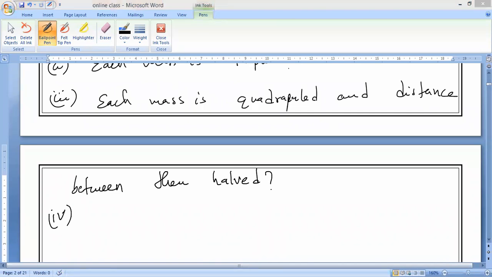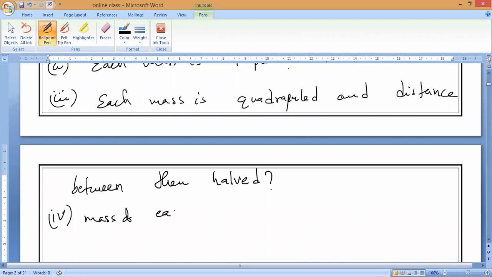The mass of each body is increased by 40%.